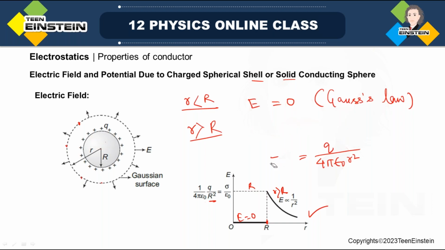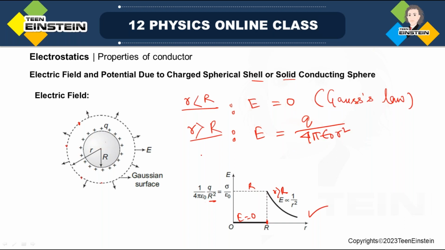Let me write it concisely. The electric field will be Q by 4 pi epsilon naught r square.